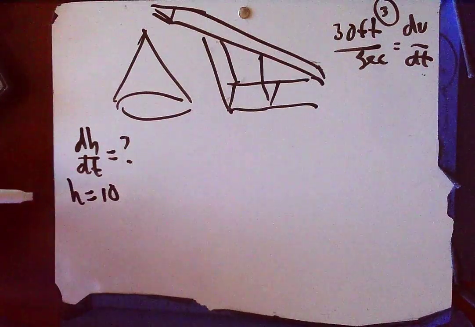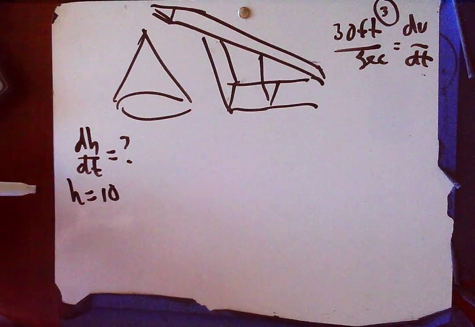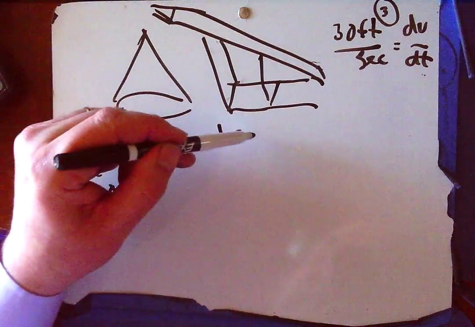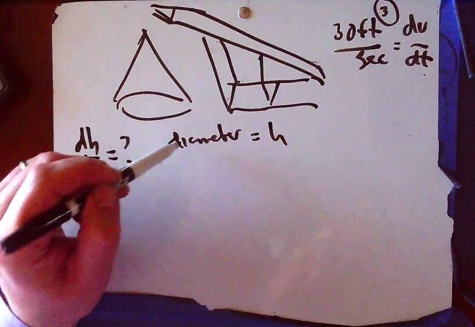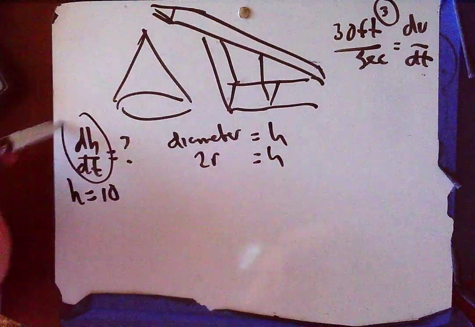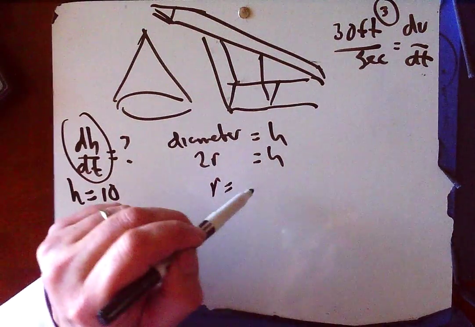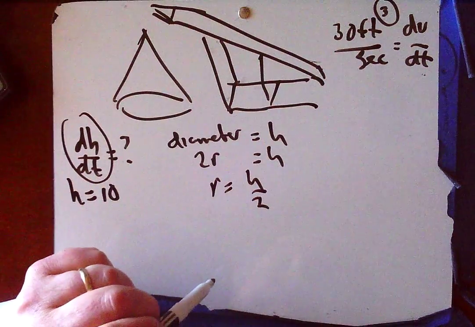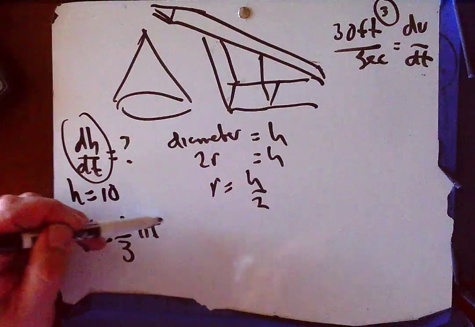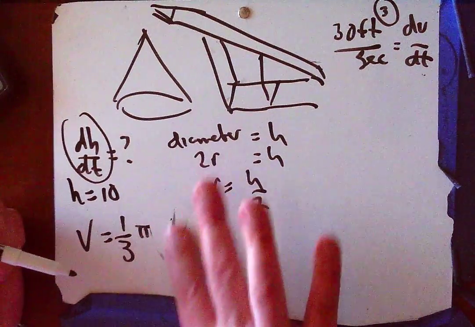But look, there's this other thing in here. It falls into a pile whose diameter is the same as the height. Diameter equals height. Well, I know diameter is the same as 2 times the radius. And since I'm looking for this, I got to get rid of r. So I'm going to say that r equals h over 2. So when I get that volume formula, 1/3 pi r squared h, I can replace that r with h over 2.